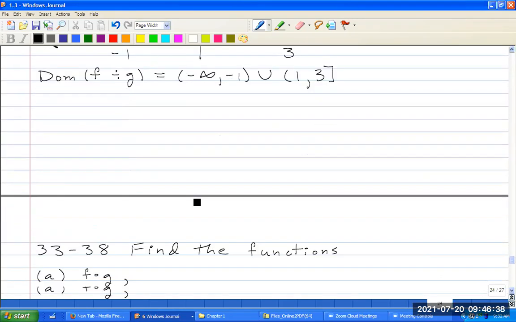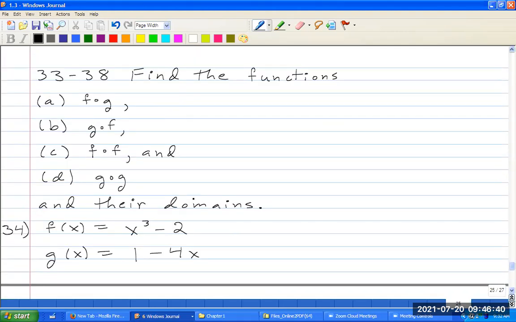Okay. Let me do problem number 34, I guess. So similar, but not the same. In exercises 33 through 38, find the functions A, f composed with g, B, g composed with f, C, f composed with f, and D, g composed with g, and the domains.